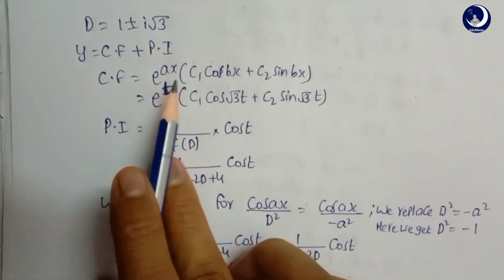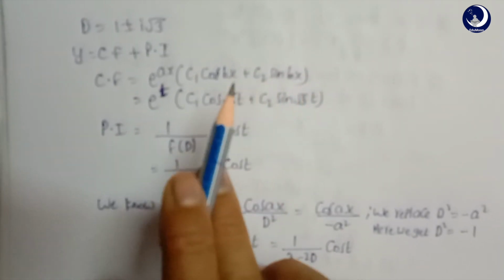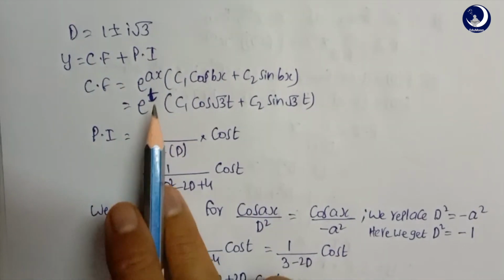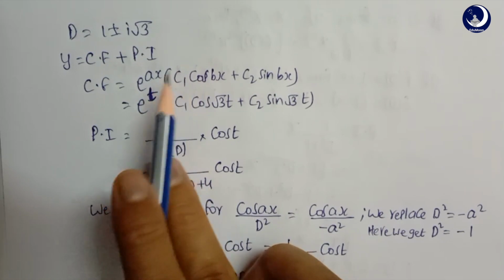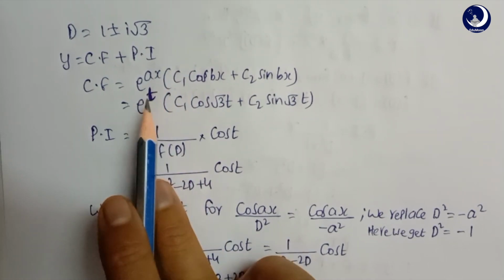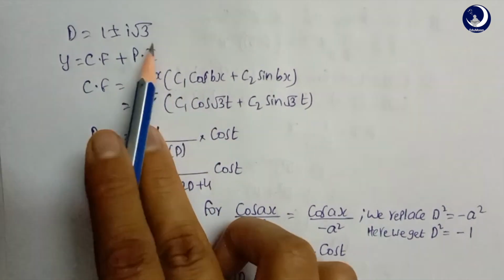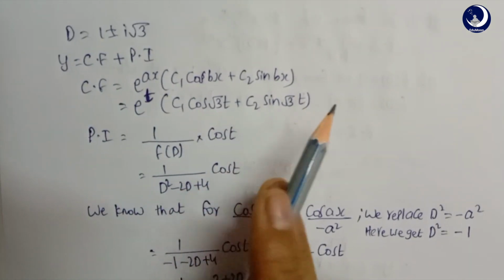CF means e power ax into c1 cos bx plus c2 sin bx. Here the a value is 1. Since we took x equal to e power t, in x place we replace t. So e power t into c1 cos, we got b value root 3, so cos root 3 t plus c2 sin root 3 t.